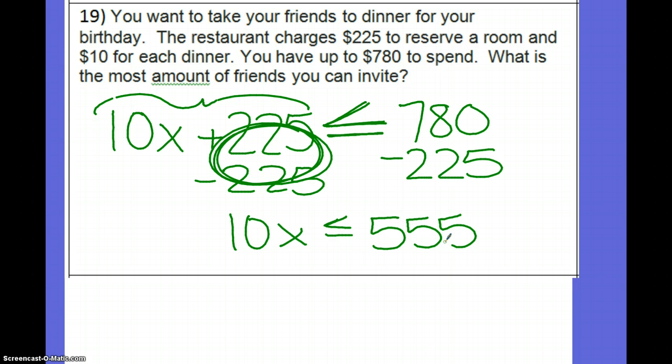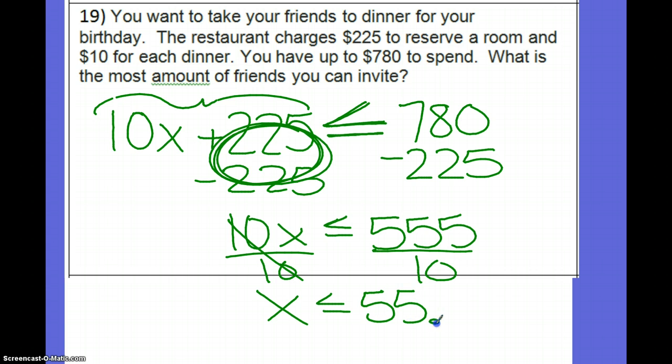And then we need to divide out the 10 because that's multiplying. So we divide out 10, divide out 10. X is less than or equal to 55.5. So now look back at the question. It says, what is the most amount of friends you can invite? And so does that mean we want to stick with 55 friends or 56?